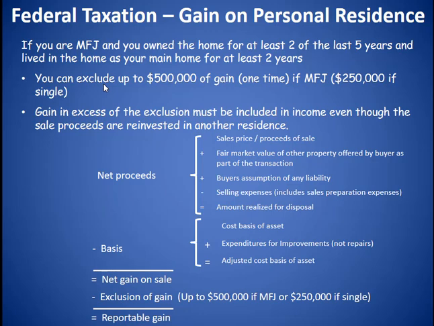If you're single, the exclusion is $250,000. Now, the gain in excess of the exclusion must be included in your taxable income, even if the sales proceeds are reinvested in another residence.